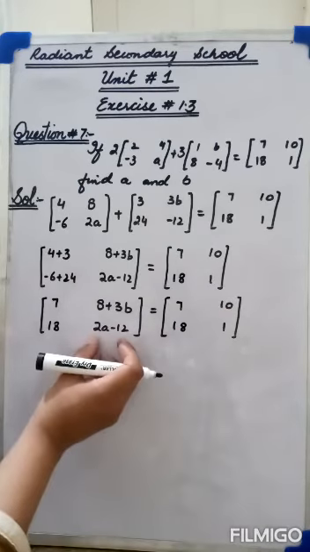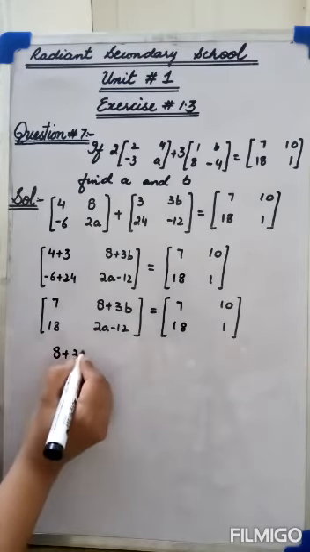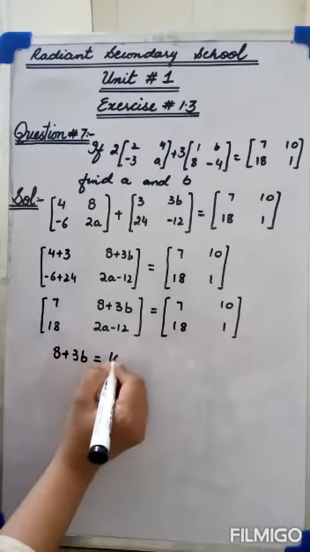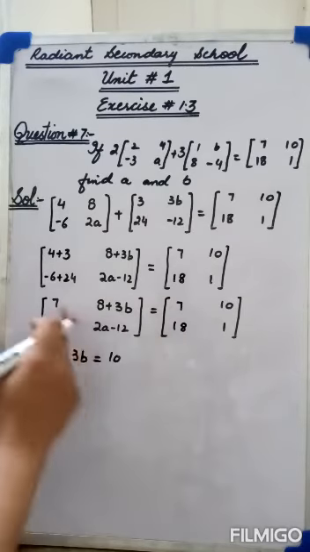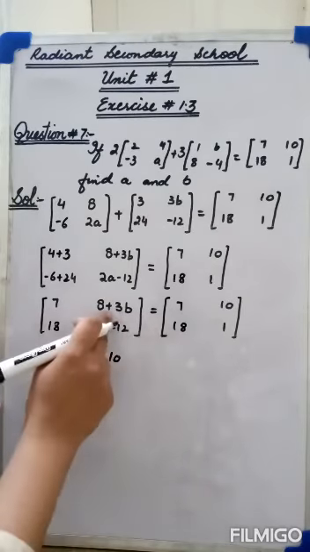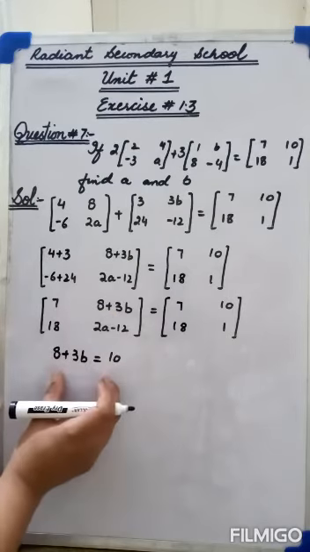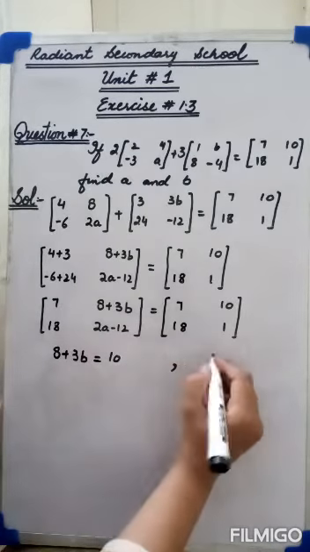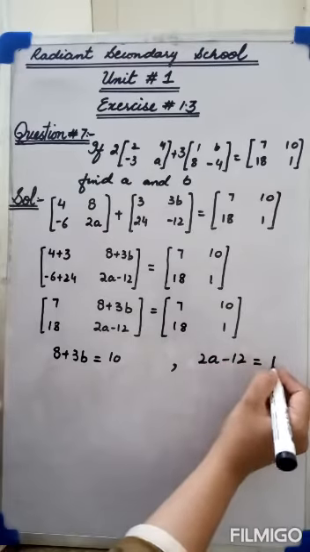From here we will get the value of a. No need to write 7 equals 7, 18 equals 18. We can see they are equal, we just solve the side with the variables. 8 plus 3b equals 10, and 2a minus 12 equals 1.